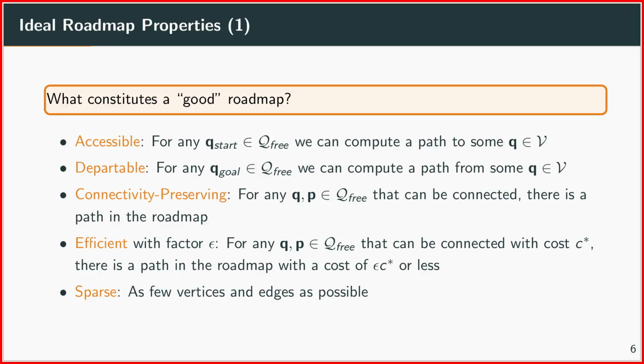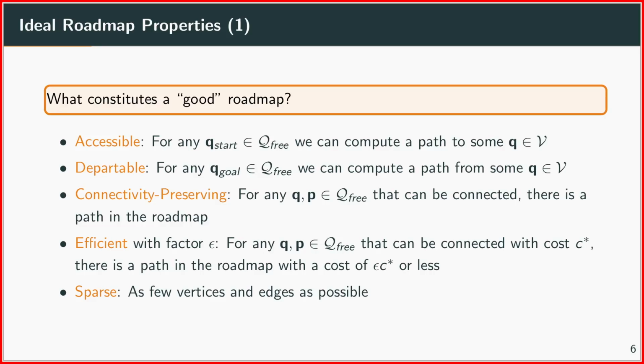And one big property, I would say, is the one of accessibility, which means that for any configuration in the free configuration space, we can always compute a path to some vertex in our roadmap. So that means the roadmap needs to be dense enough so that we can always find at least one point which is visible from any configuration in your configuration space.